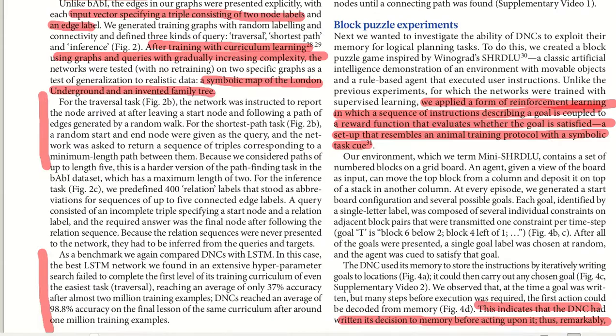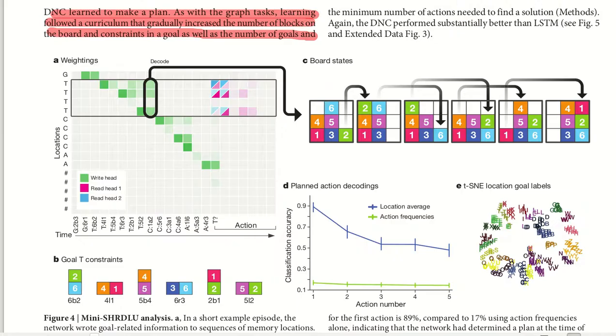And then they have another experiment where these experiments look like this grid of blocks, and they give a goal state where they specify the position between two blocks that we want to be realized in the configuration of blocks. So for instance here 6 below 2, or 4 left of 1, so 4 has to be to the left of 1, and so forth.